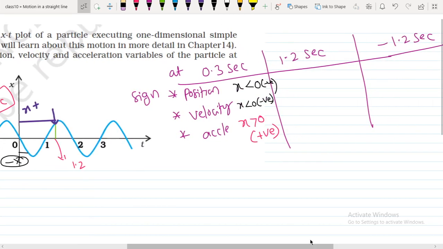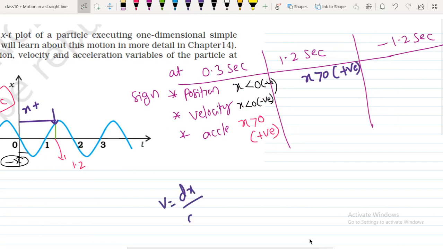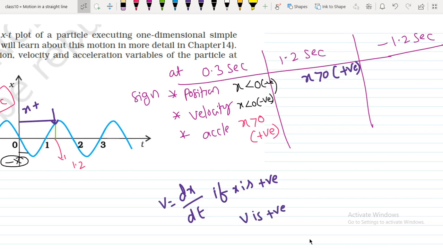So we can mention that the position at 1.2 seconds is x greater than 0, which means positive. What about velocity? Velocity equals dx by dt. So x is positive and velocity is also positive, greater than 0.